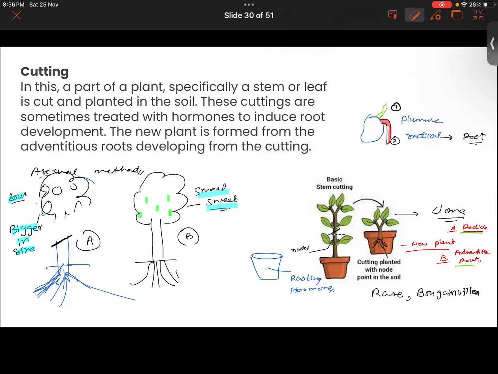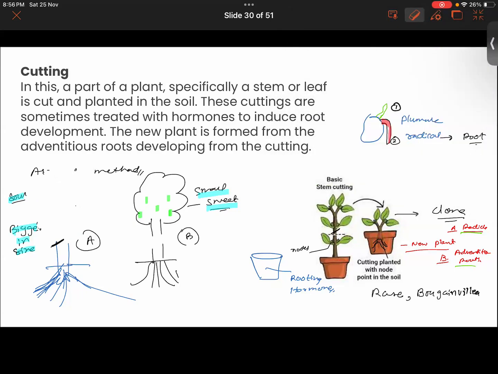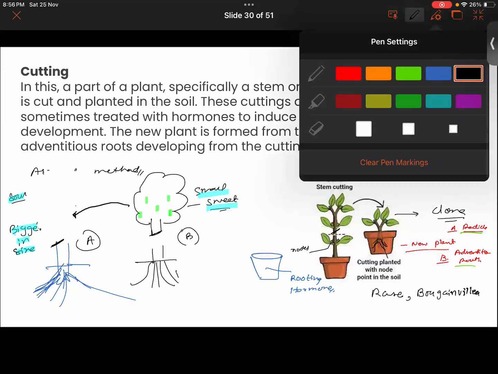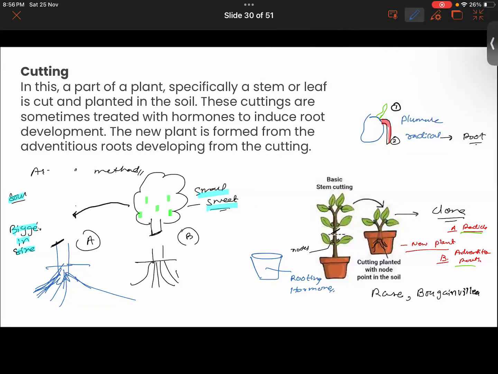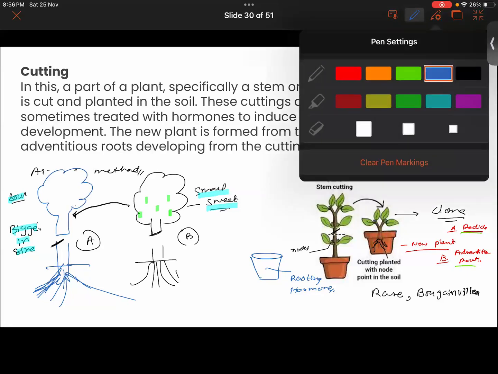So I will now take the shoot system of this plant. I will be cutting that out, and now I will take the shoot system of this plant and graft it over this plant A. I will graft it over A. Now remember the properties of the plants. What were the properties of the plants?